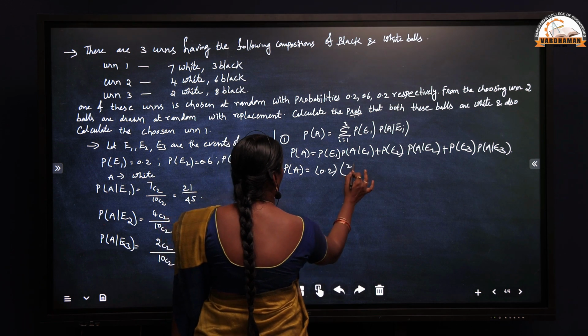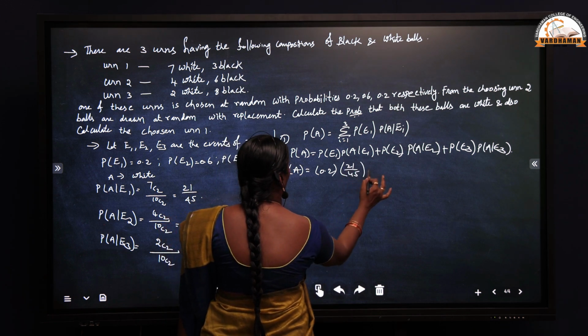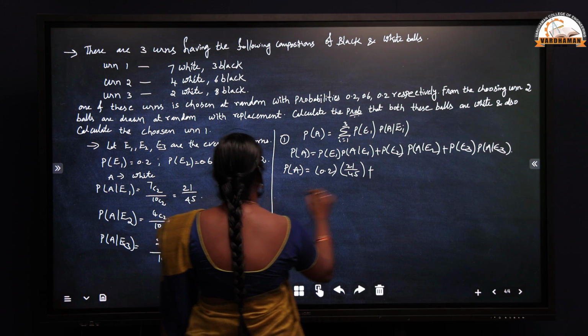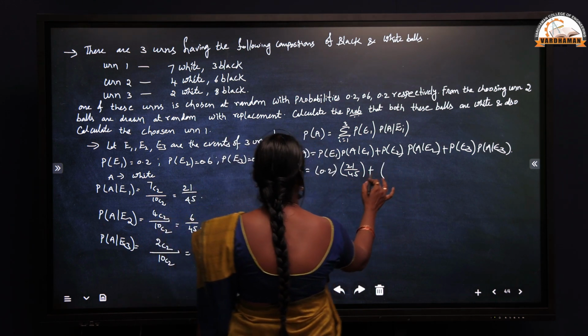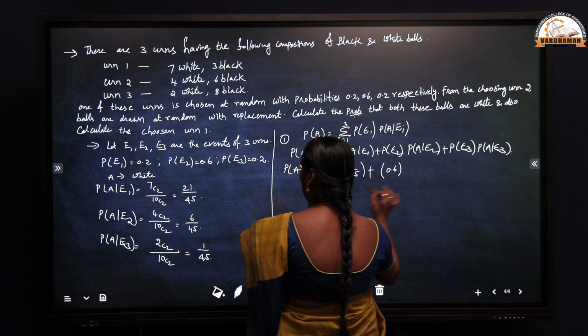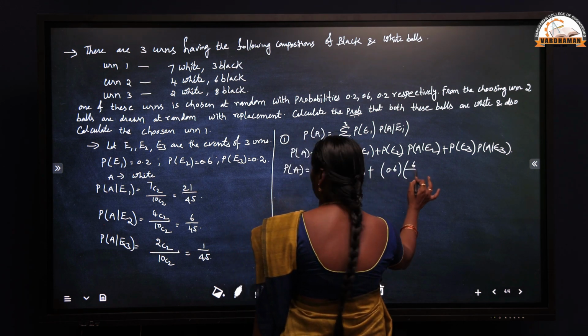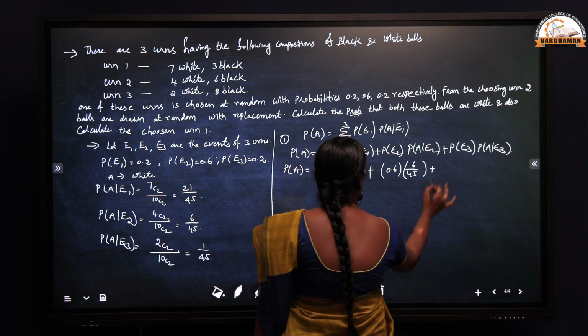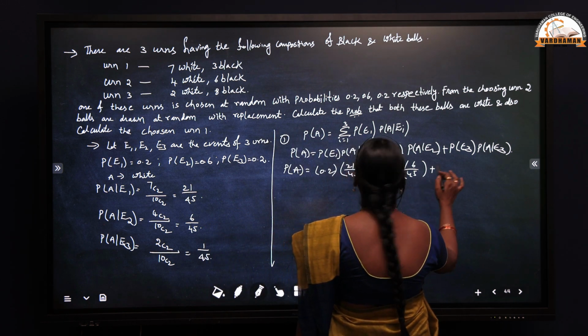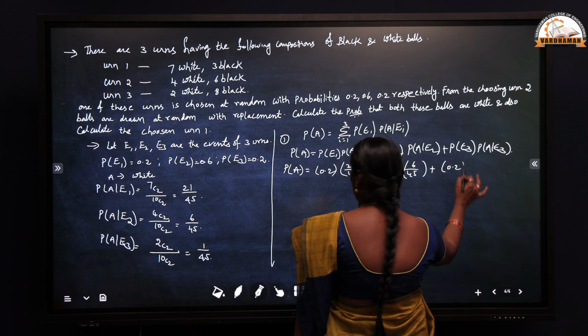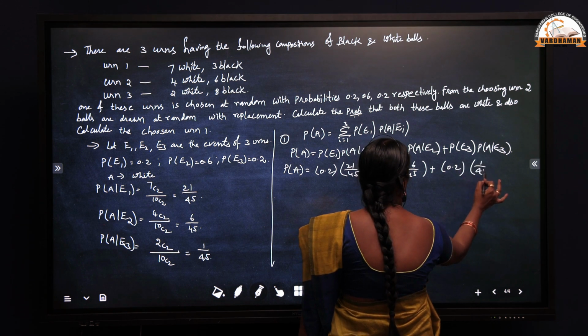So now it will be 21 by 45 plus, what is P of E2 here? 0.6, and P of A given E2 is 6 by 45, plus the next one, P of E3, which is 0.2, and A given E3 is 1 by 45.